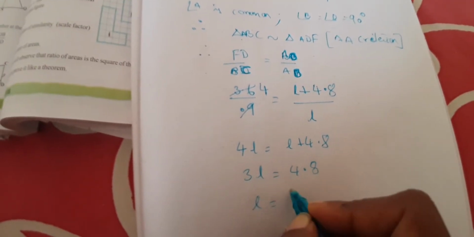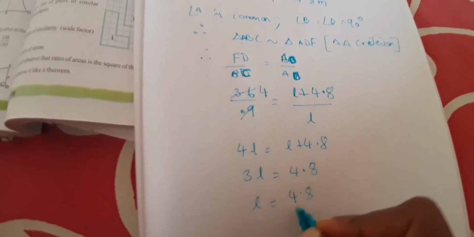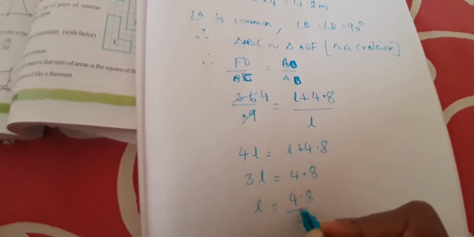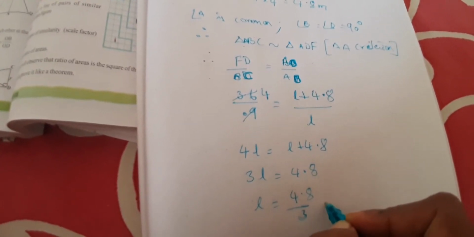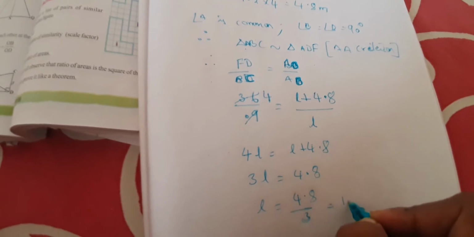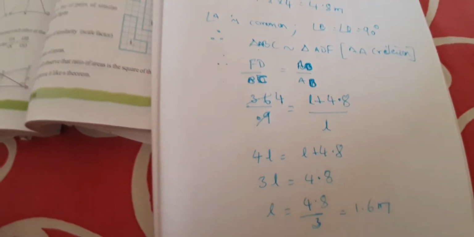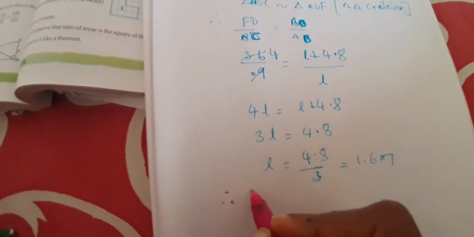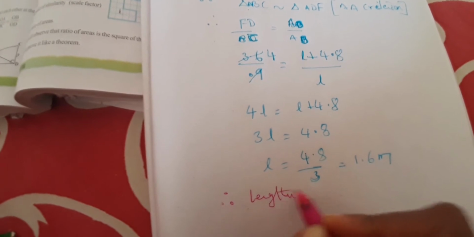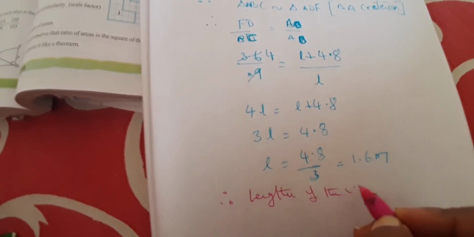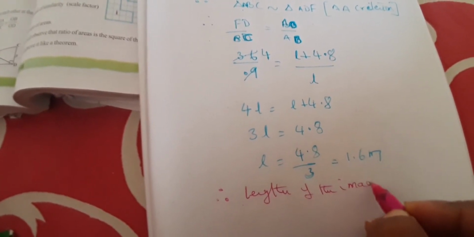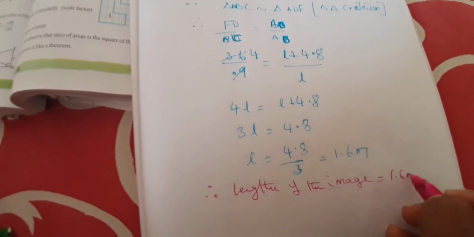So now L is equal to 4.8 by 3, 48 by 3. So 1.6 meters. What is the length of the shadow? Therefore, the length of the shadow is equal to 1.6 meters.